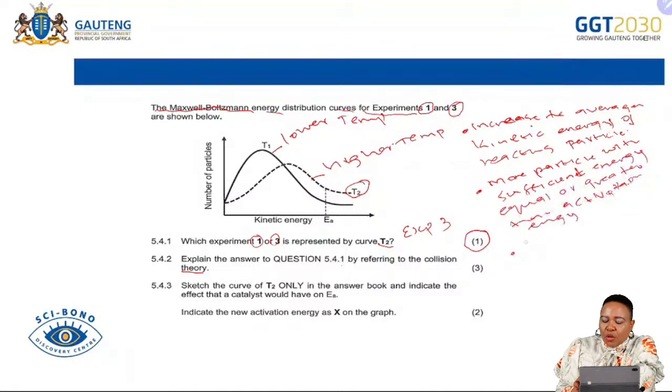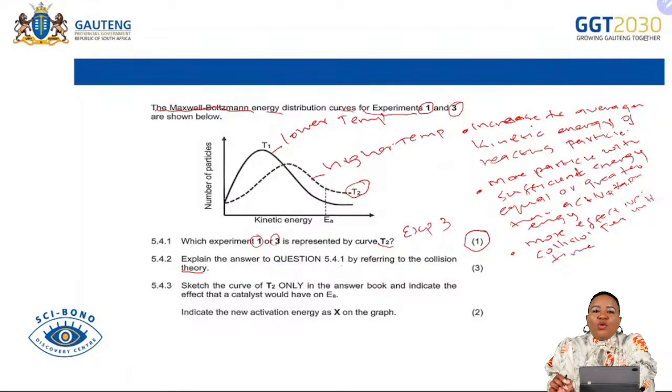And we know that there will be more effective collisions per unit time. So these are the factors that you need to gather before you start to answer or respond to the question.